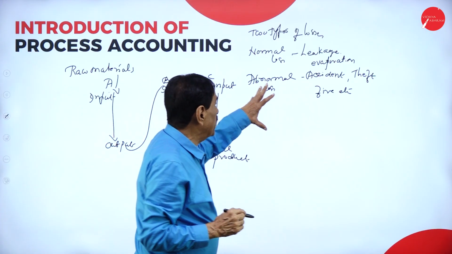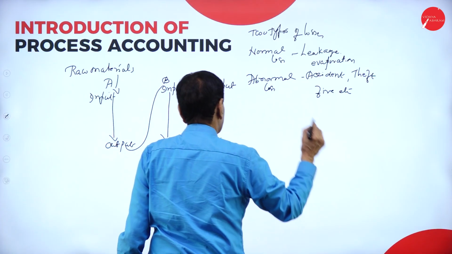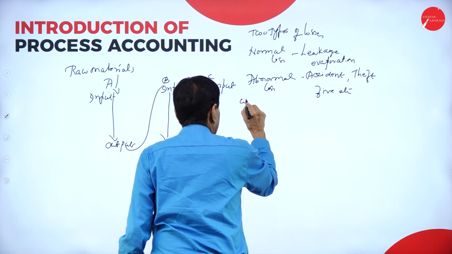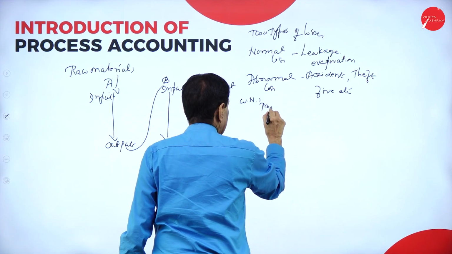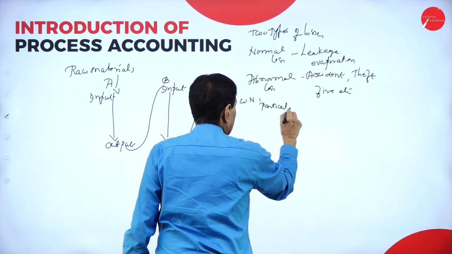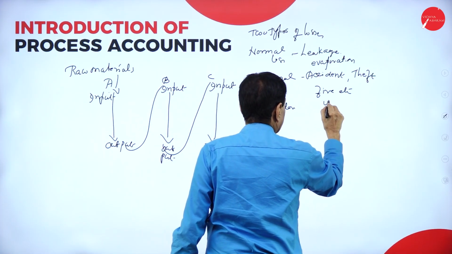Then, how to find out abnormal loss? Go to working note number 1. Particulars, units.